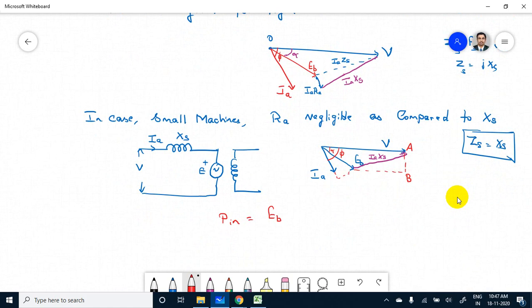EB, the back EMF, into V divided by XS, sine alpha. Since the machine has a very low resistance compared to reactance, we are neglecting this RA. Due to this, there is no stator copper loss, because stator copper loss is also neglected in this case.